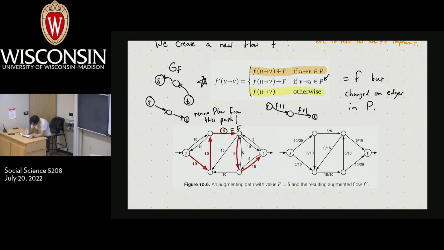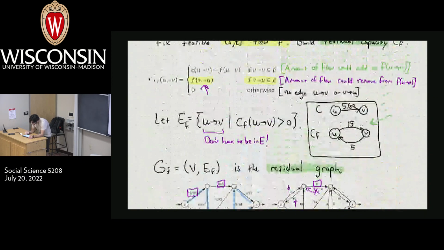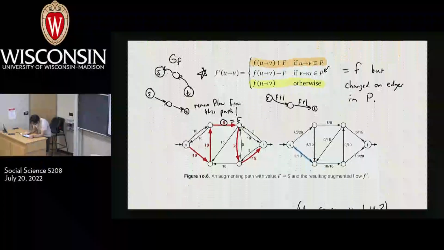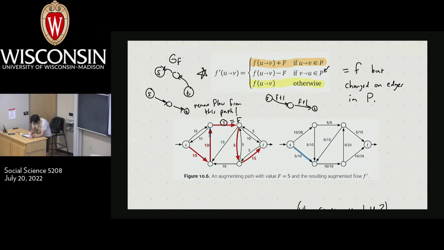So let's do that. So we added 5 units of flow there. Now remember, in the original graph here, we were actually sending flow from the top node to the bottom node. So this edge right here is actually a reverse edge. So it's telling us to remove flow. So now you'll notice on this edge, we've removed flow.